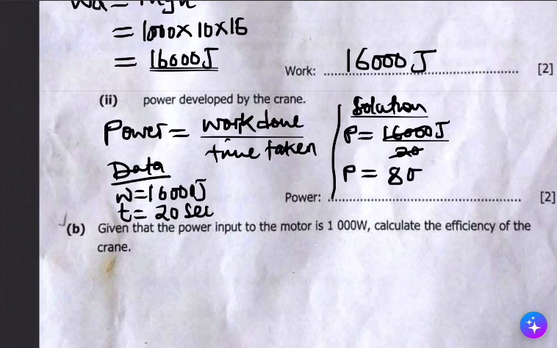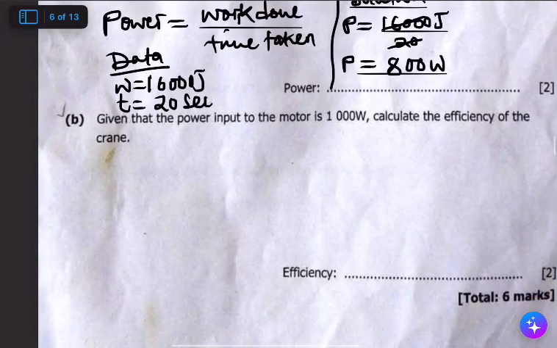So that's what we have. Now we can move on to the other question. On part B, given that the power input of the motor is 1000 watts, calculate the efficiency of the crane.